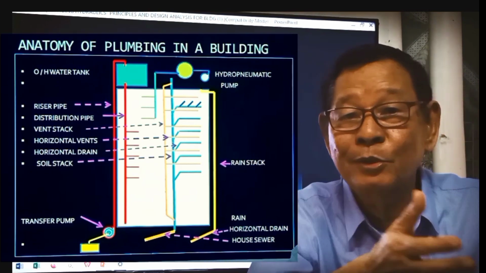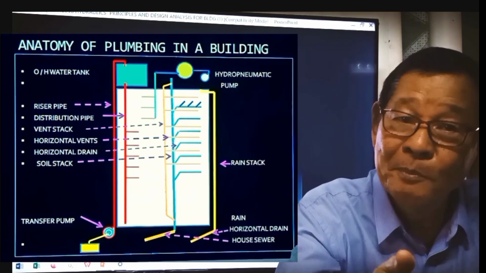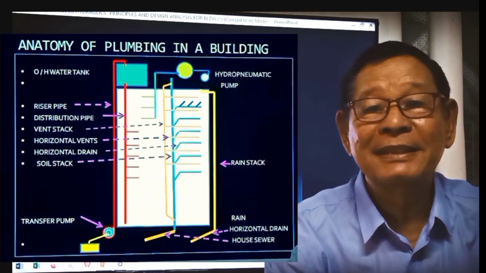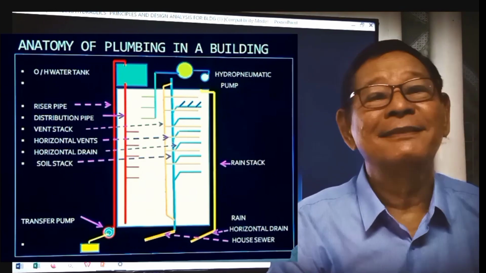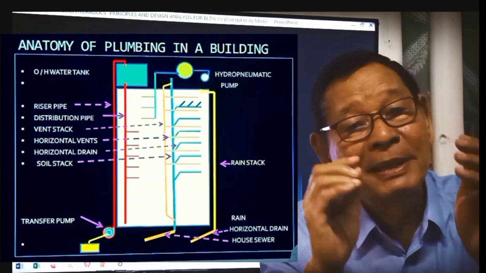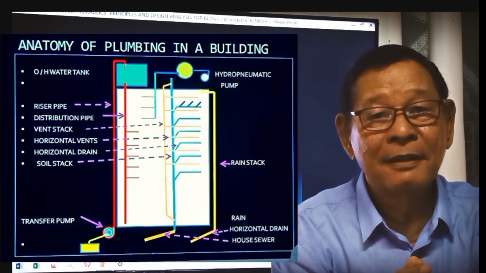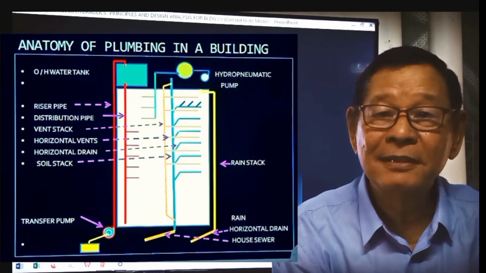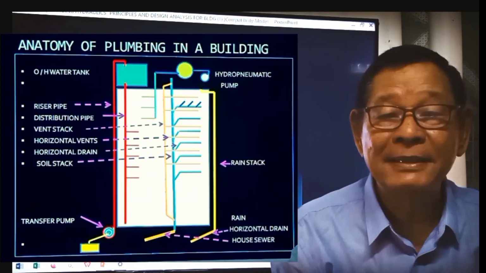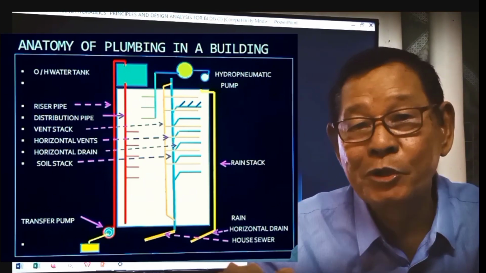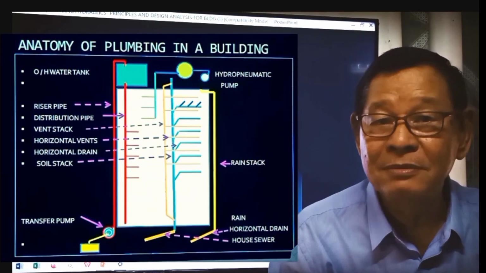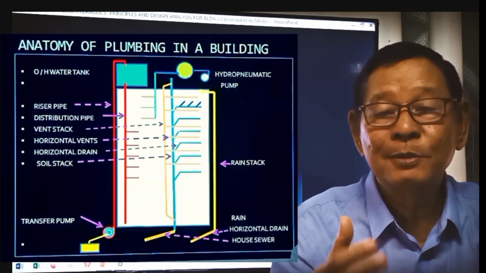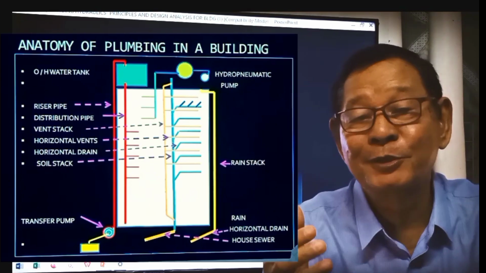Pero hiram yan kay Dr. Roy Hunter. Dito, ie-explain ko sa inyo as we go further kung bakit meron tayong fixture units. Dapat alamin natin na tayong mga designer, kung tayo magdi-design o magsa-size ng mga pipe natin, either drain, waste, and vent na sinasabi natin, o yung distribution ng water system natin, the hot and cold, makukuha natin ang loading through Dr. Roy Hunter's fixture unit loading.